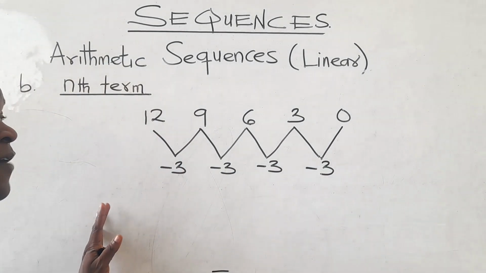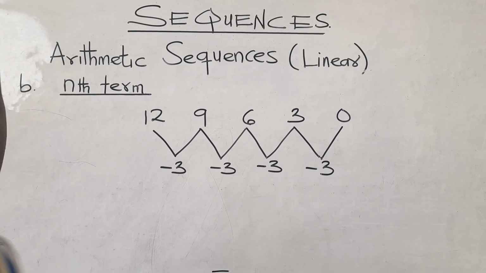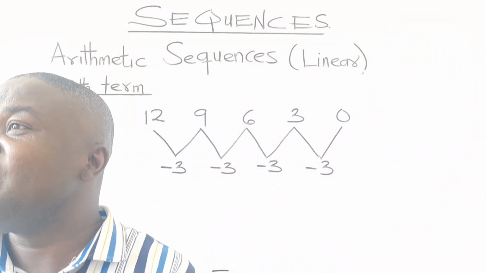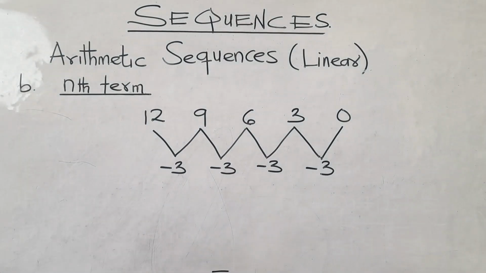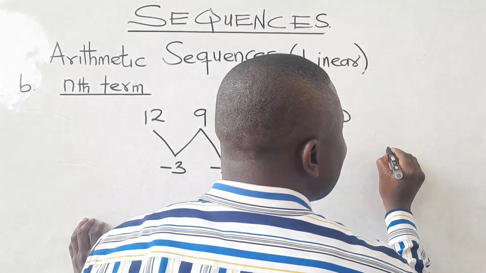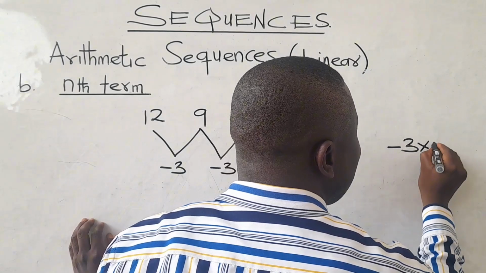So the first difference is negative 3. It means that you have negative 3 n number of times, meaning negative 3 times n.